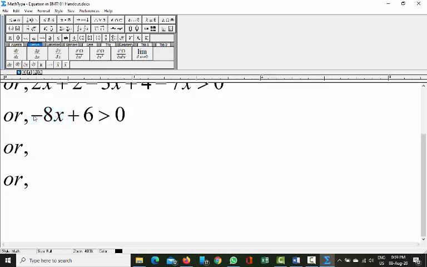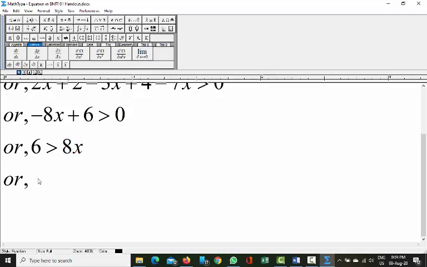So if you move this one to the right hand side, what will we have? Because here we have minus 8x, if you move this one to the right hand side, we will have plus 8x. And on the left hand side, we will have 6.